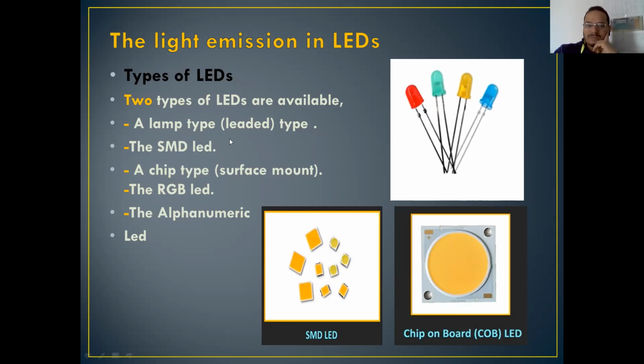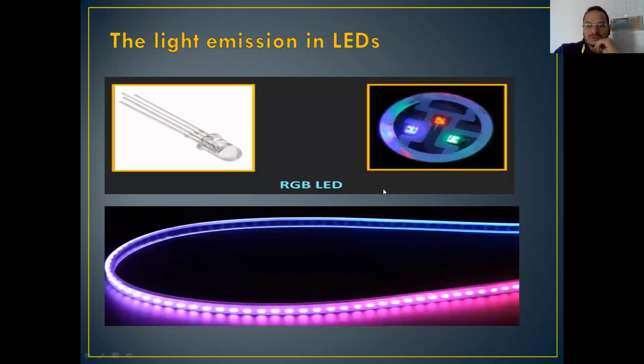First one, lamp type, then the SMD LED here, and the chip type, which we saw in storage shops in malls. The last one, the COB LED. Let's go to RGB.